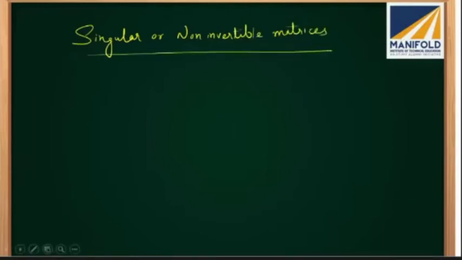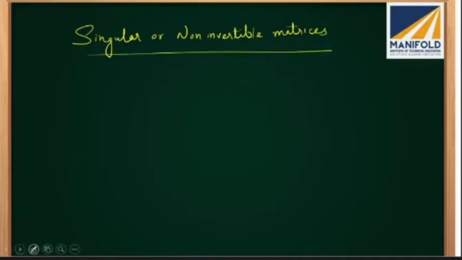We call certain matrices singular matrices or non-invertible matrices. Okay, what is meant by a singular or non-invertible matrix?